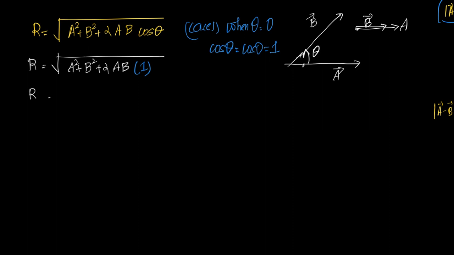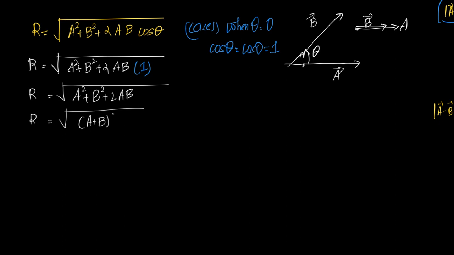So R is equal to root of a square plus b square plus 2ab, or R is equal to root of a plus b the whole square, which is a plus b. So this is one result we need.